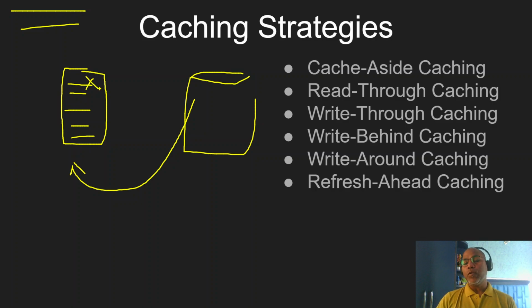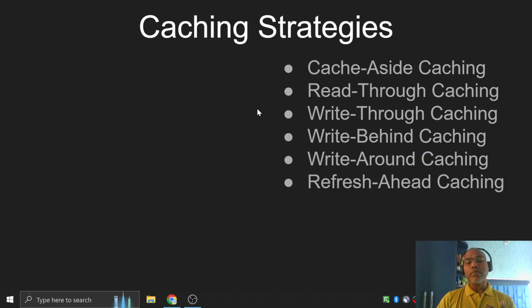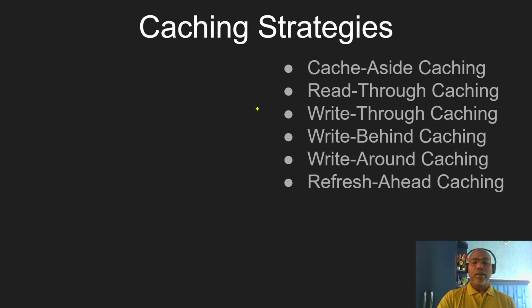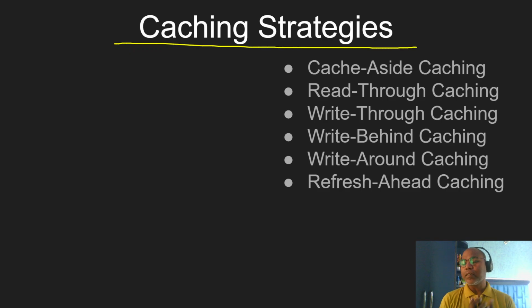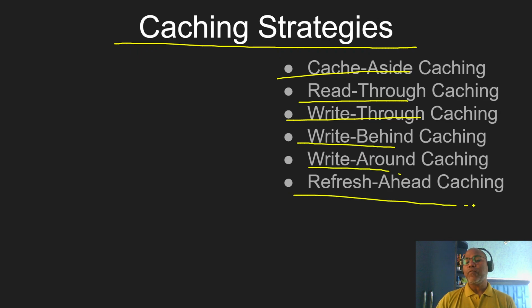Which data am I going to remove, which data am I going to pull? There are lots of techniques available. I'm going to talk about a couple of caching strategies: cache aside, read through, write behind, write around, and refresh ahead.